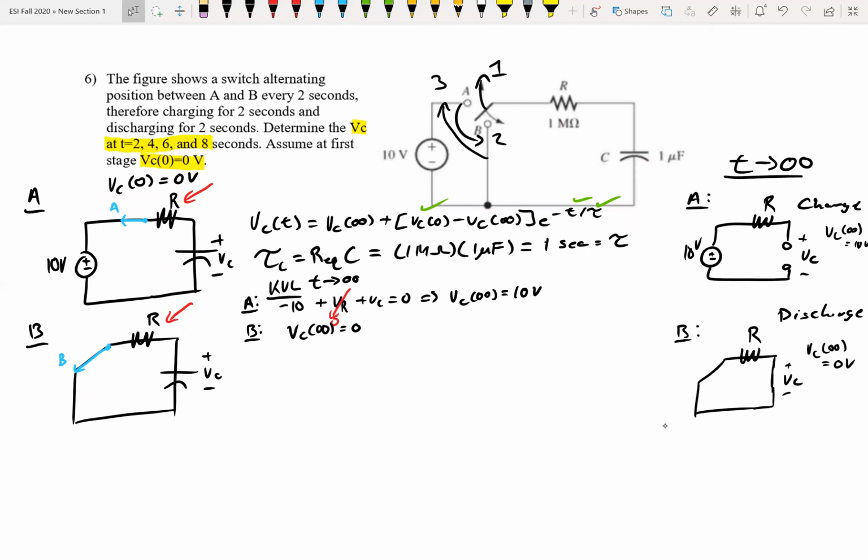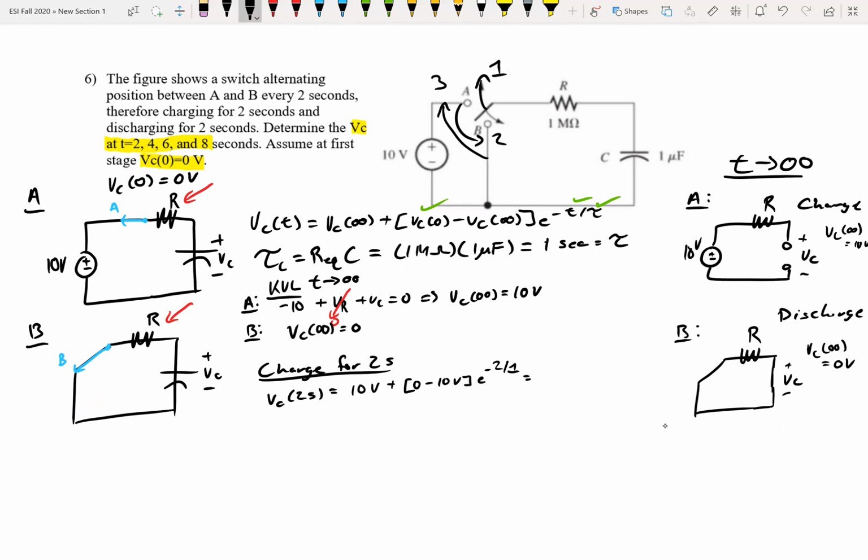and discharging. So, if I write charge for 2 seconds, then VC of 2 seconds is going to be 10 volts plus 0 minus 10 volts e to the -2 over 1.